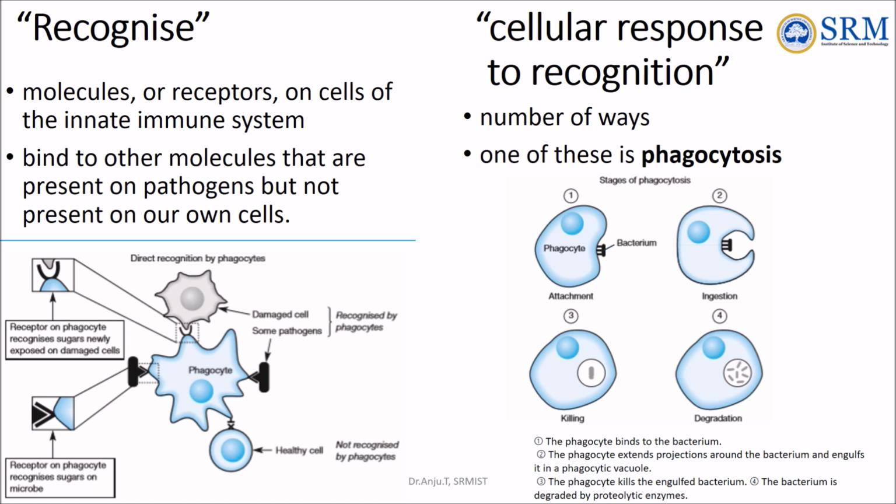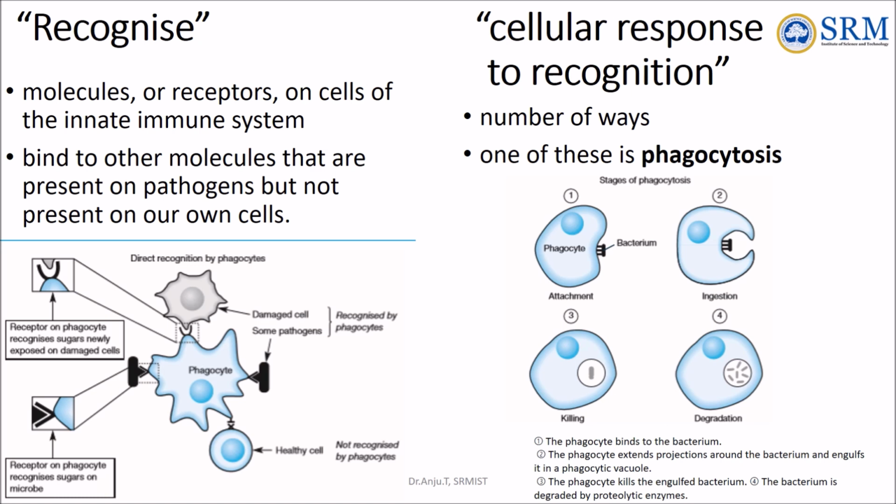Here a phagocytic cell recognizes a pathogen by structures present on its cell surface. These cell surface structures are called receptors. They sense the foreign organisms, and usually these receptors are proteins or glycoproteins. What they recognize on the pathogen is structures present on the surface of the pathogen or molecules secreted by the pathogen.